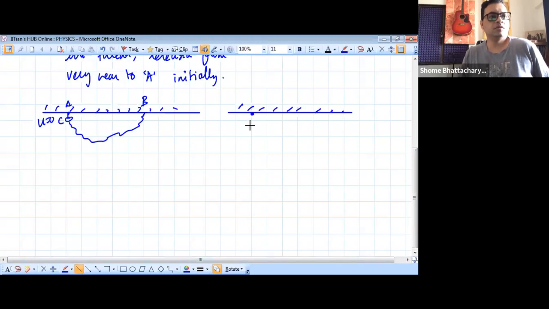Now, let's say the bead is somewhere here. But this is that limiting moment when the tension is still 0 in the string. Okay.